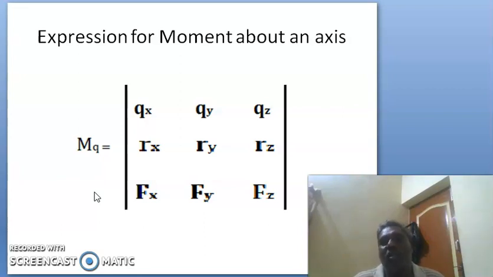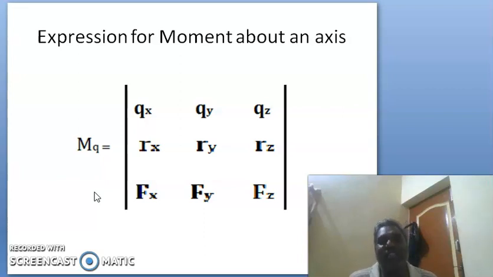So this is what is about moment about an axis. Not so often do we get a moment about an axis, but whenever a particular system has a possibility of rotation only about a particular axis, in whichever direction we produce a moment, only the component along that particular axis will produce rotation in dynamics.